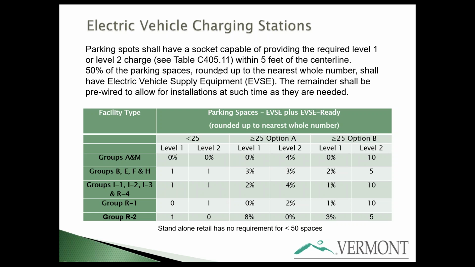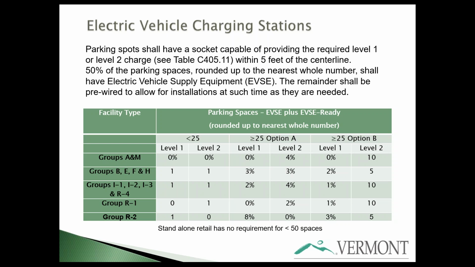So 50% of the parking spaces, rounded up to the nearest whole number, shall have electric vehicle supply equipment, or basically a charging station ready to go. The remainder shall be pre-wired to allow for installations at such time as they're needed. So basically, run the conduit and have space so you can add them in the future.